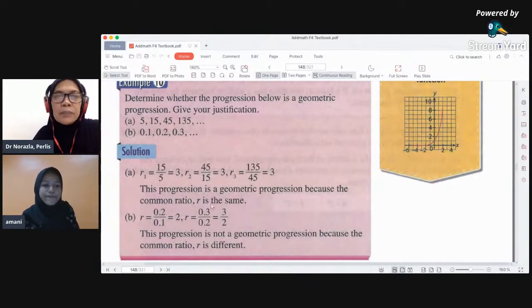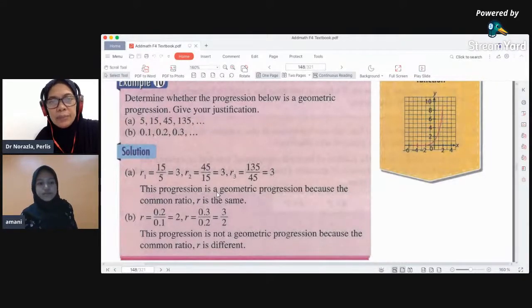Remember, if we want to determine whether a sequence is a geometric or arithmetic progression, we need to find either the common difference or the common ratio. You need to test both.